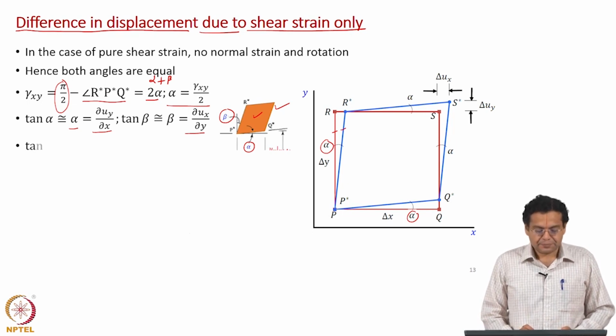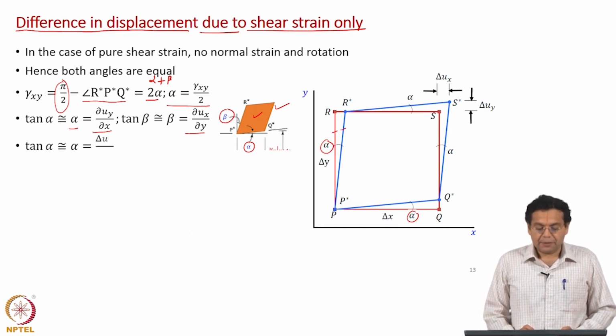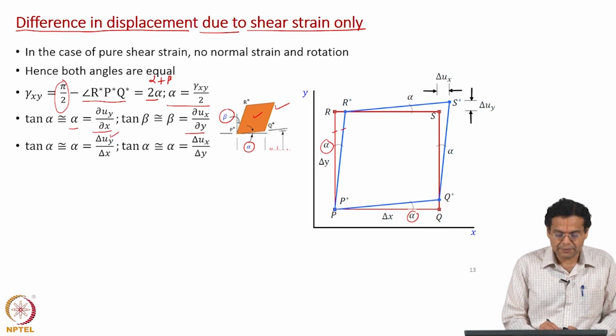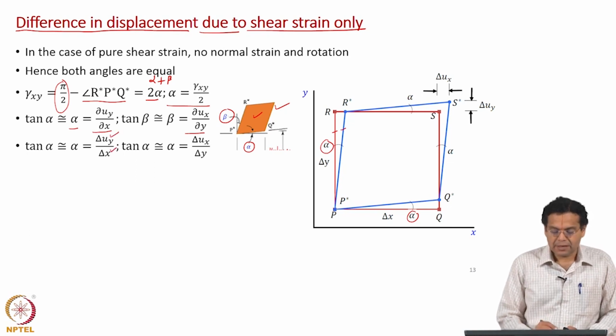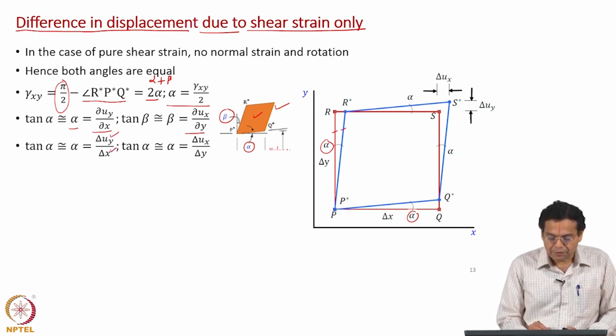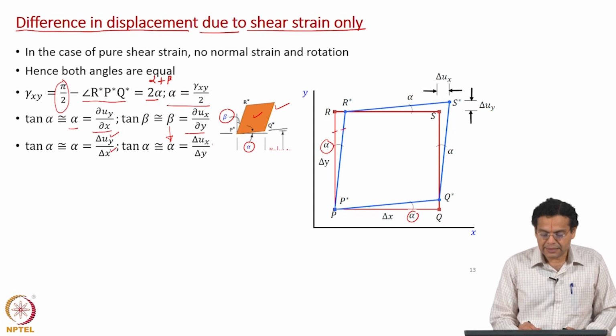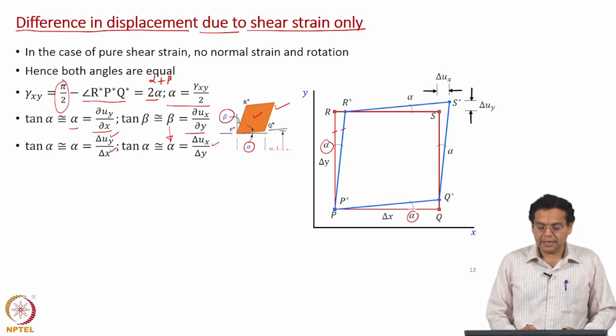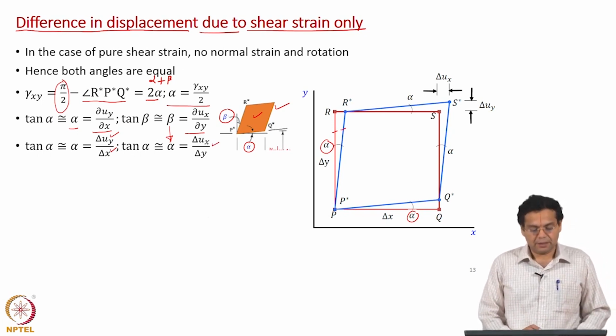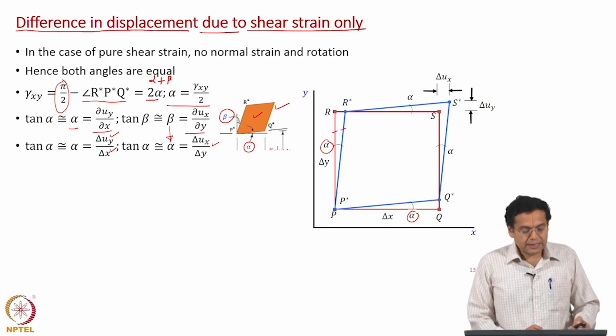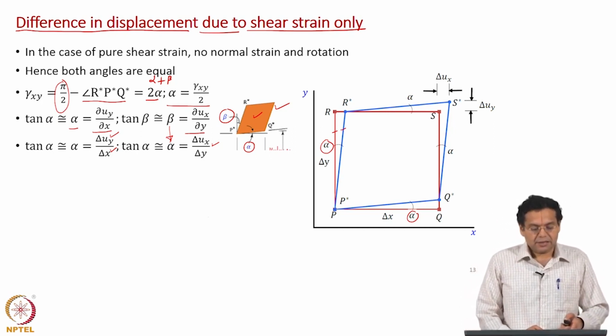Now for the present case we will write in terms of differences. So I write delta uy by delta x for alpha, and for this case beta is equal to alpha, so written here again alpha, and the right-hand side in terms of differences, namely delta ux by delta y.